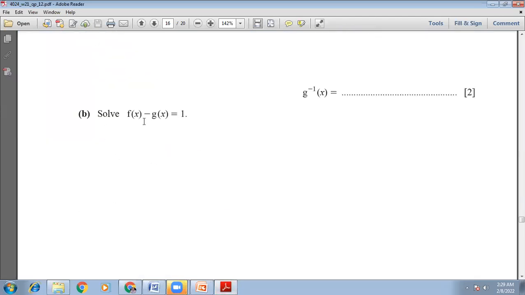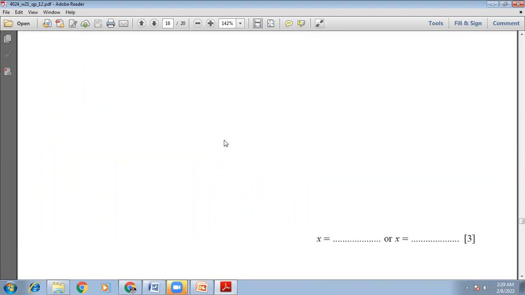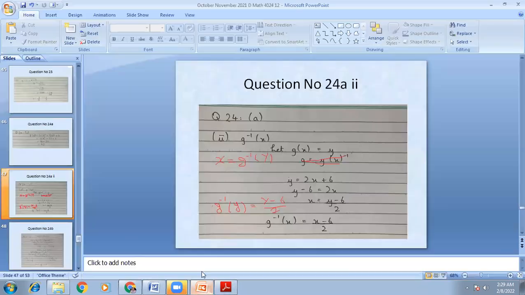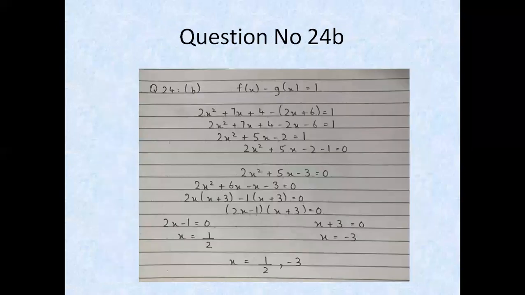He says solve f of x minus g of x equals 1. It's a 3 mark question. So you just have to put the formulas here. Let me show you. F of x minus g of x is equal to 1. F of x is 2x squared plus 7x plus 4, minus g of x, which we put inside the bracket, 2x plus 6, equals 1.